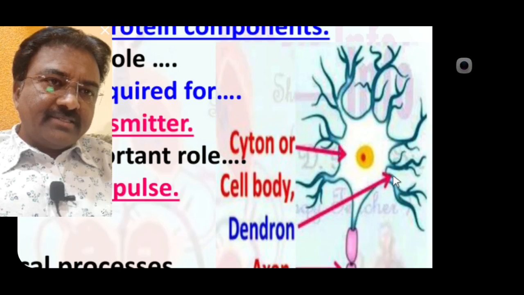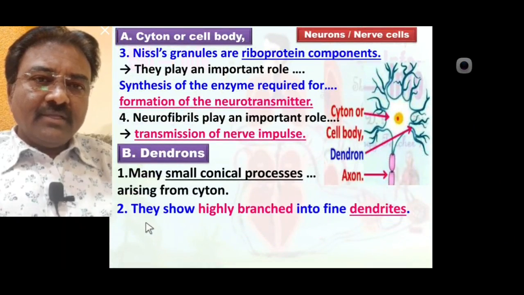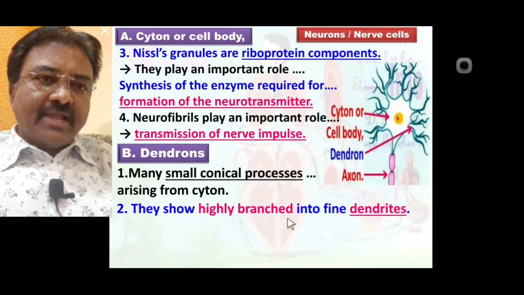Labeled them. This one is dendron. This is also dendron. So all these are the dendrons arising from cyton. They show highly branched fine dendrites.